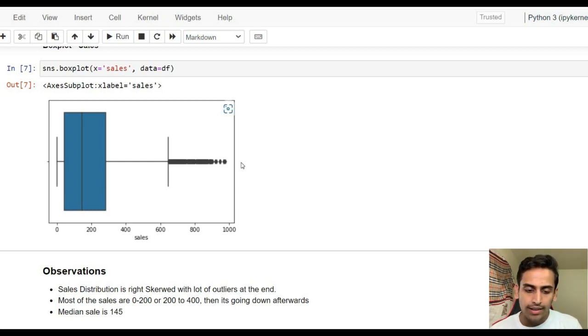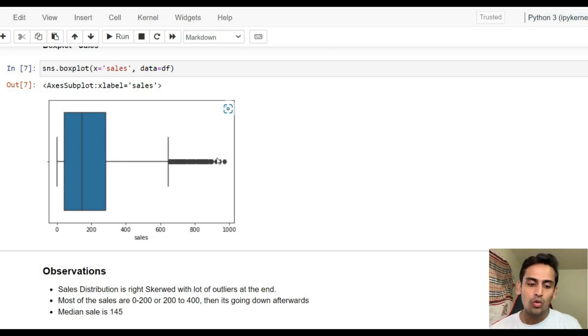And these dotted lines are interesting, which are outliers, not a normal trend in our data set. It basically tells us that we should deep dive into our data set to understand why these particular outliers are happening, because box plot is expecting that these outliers are not a part of the daily trend or daily expected sales. So sales probably greater than 600 are some kind of outliers which we need to understand.